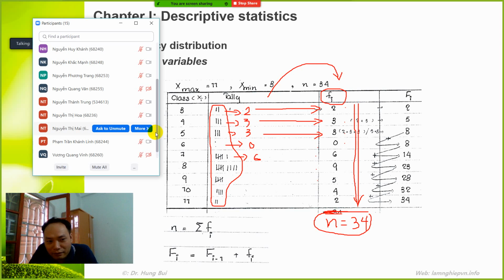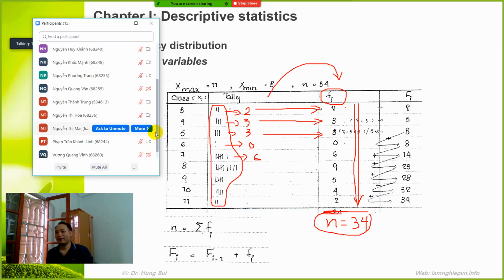Guys, and here sample size is greater or smaller than 30. Greater or smaller. So the sample is small or large sample. Yes, thank you very much, lazy students.